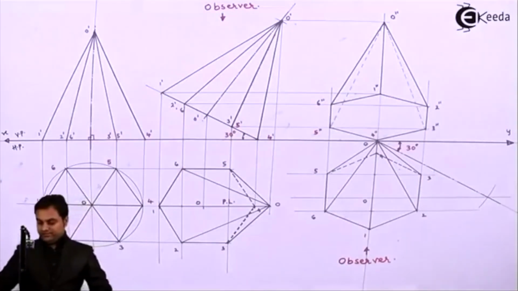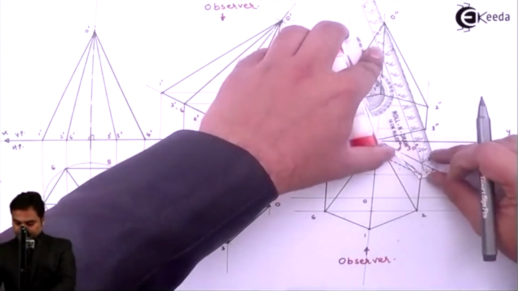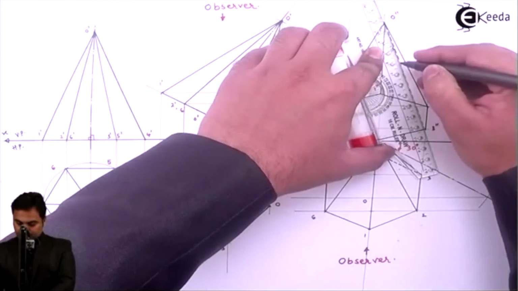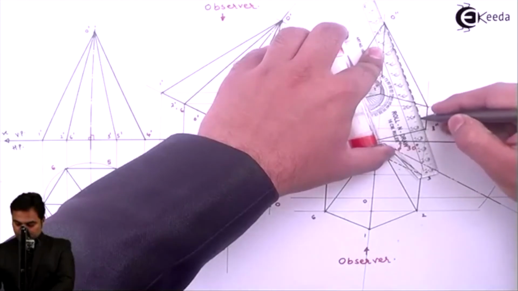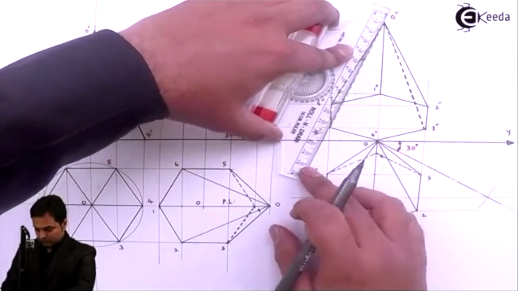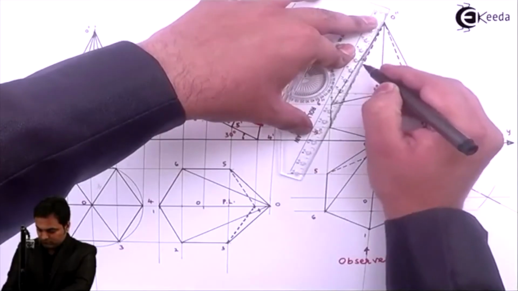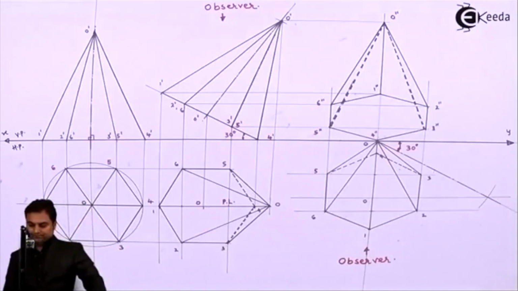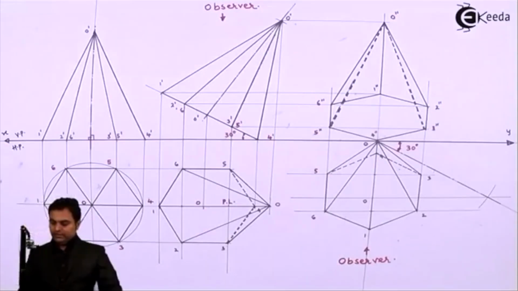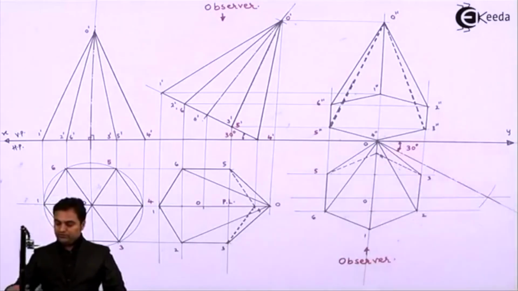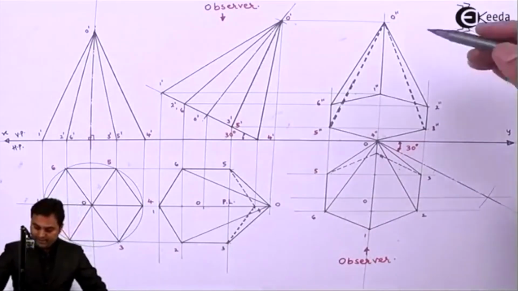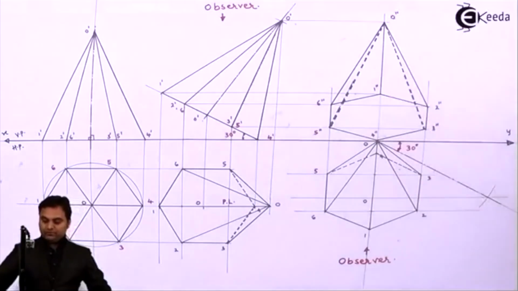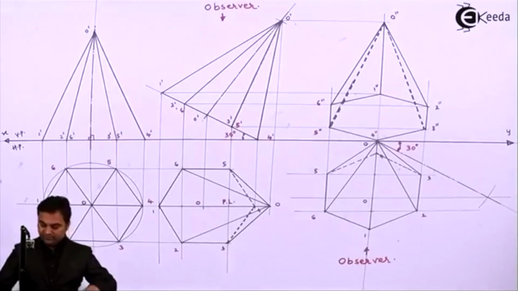And after that, drawing the dotted line. Then, as an observer, the edge O4 is behind the observer, so that will be hidden, and some portion of O double dash and 4 double dash will coincide with O double dash 1 double dash, and the remaining part will be hidden.